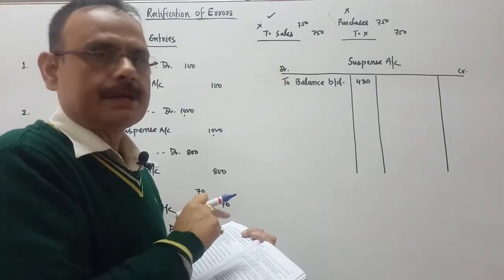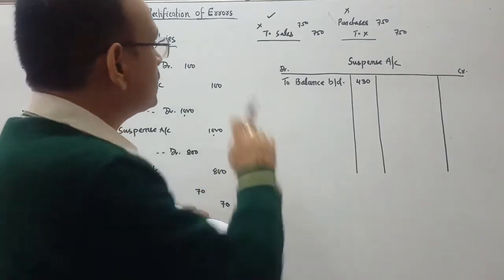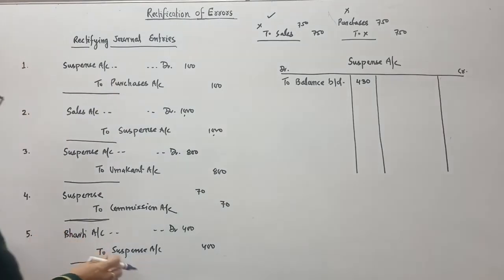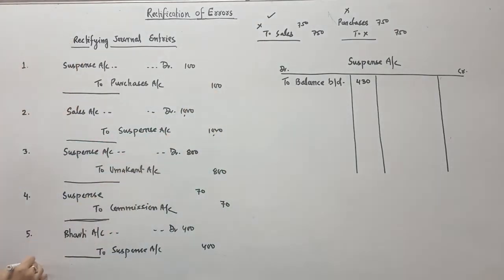Trial balance will match or tally because of this error. You cannot detect this error from the trial balance because trial balance will agree. But the error is there. How will we rectify it? What will we do? Sales has to be credited. We have to credit the sales account first.